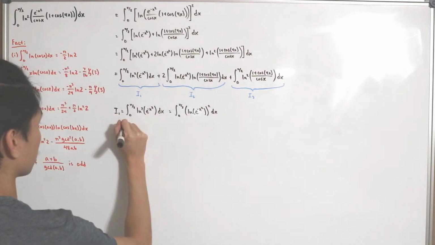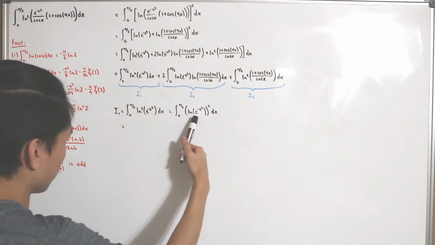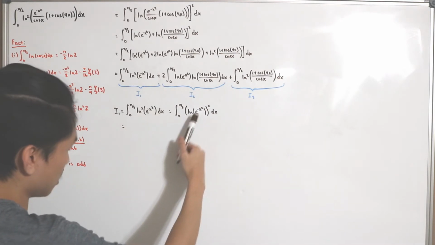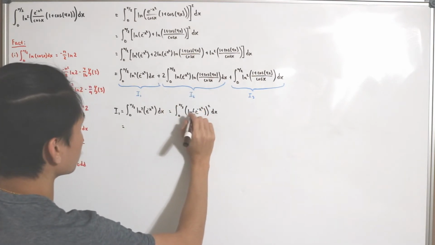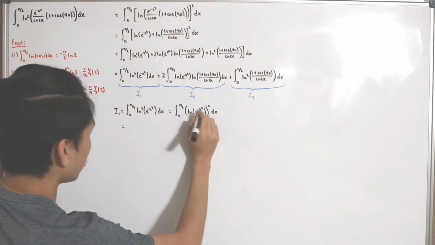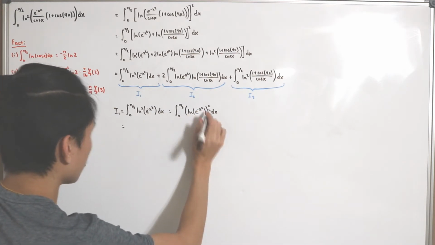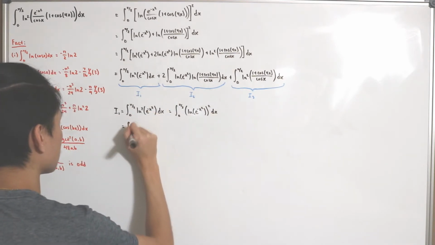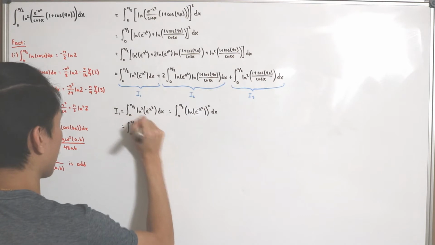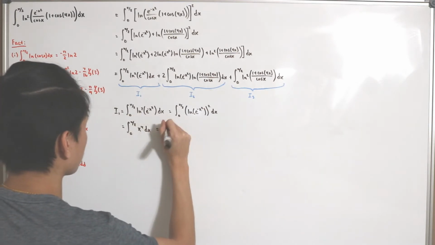Okay, so that's what we have right here, and notice that ln of e is just 1, so it'll just cancel, and then we're just left with negative x squared. If you square that, you're going to get a positive, so you get x to the power 4 dx, and then computing this integral is straightforward.